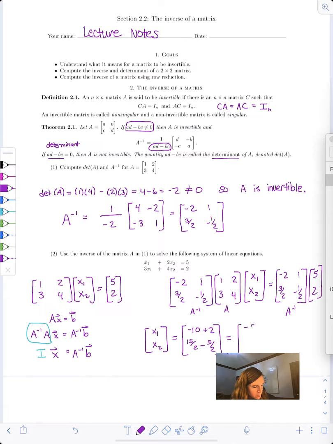And we end up with -8 and -5. I'm worried that I did something wrong because it's not what I wrote down. This is not -5 halves, this is -1/2.